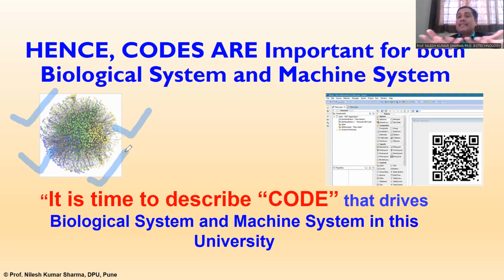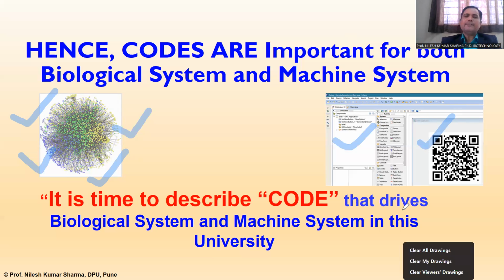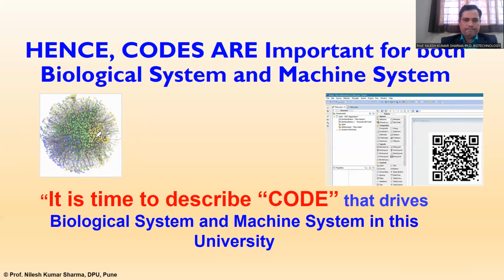And if you look at the machine system, whether a mobile phone or a computer, what is inside it is in the form of a coded system, right? So the biological system and the machine system are controlled by codes, so the definition of codes is very important to understand both, okay?